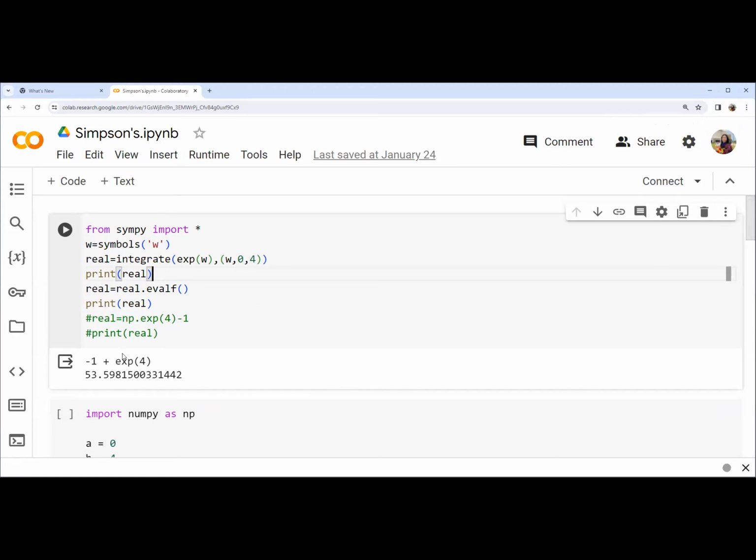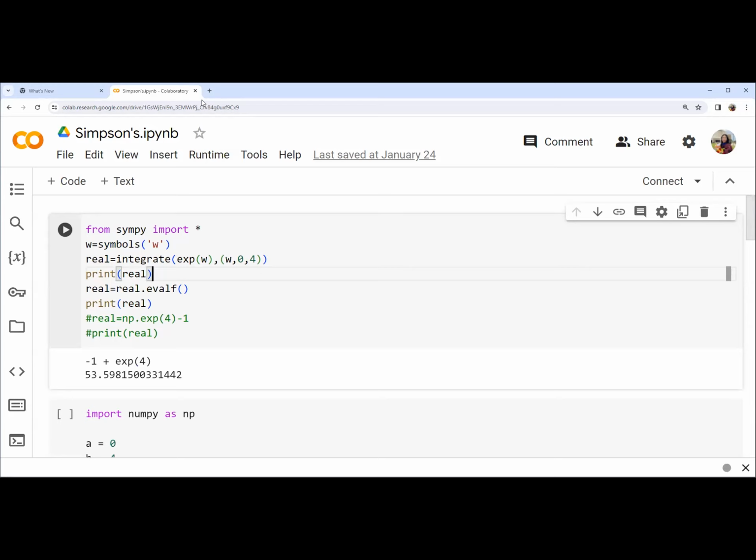This is the real number, the exact value, and I create the symbols for x, and then I do the integration of that exponential function on the interval 0 to 4. Be very careful: if I just print out the real value, we will get e to the power of 4, and you don't know the value, right?